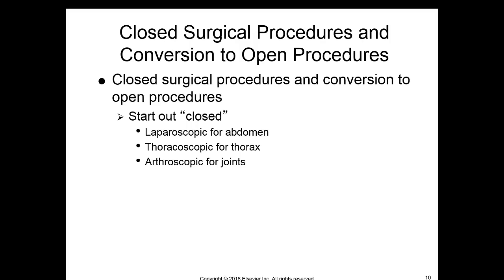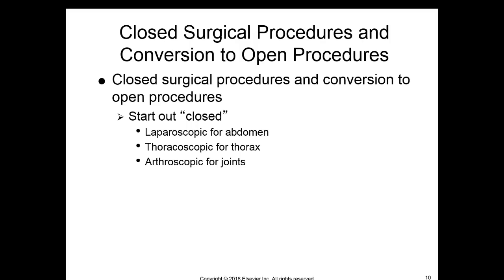However, there are times when they plan to do a laparoscopic or closed procedure, and for whatever reason they can't accomplish it, so they have to convert it to an open procedure. A cholecystectomy is an example of that. Another example might be an appendectomy. They do laparoscopic appendectomies.